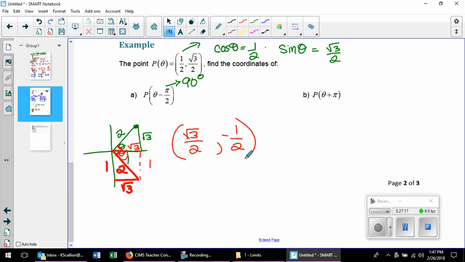They switch, right? If you go 90 and then you go another 90, what happens? They switch back. But the signs change. Now I'm in quadrant where? 90 gets me to 2. Another 90 gets me to 3. Think in 90s for this one.